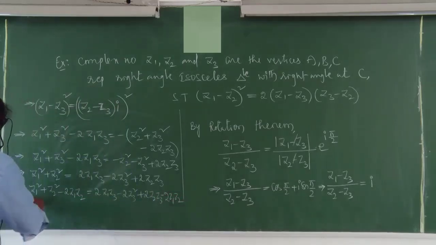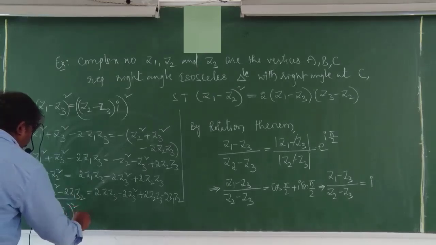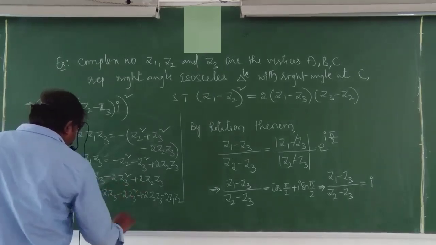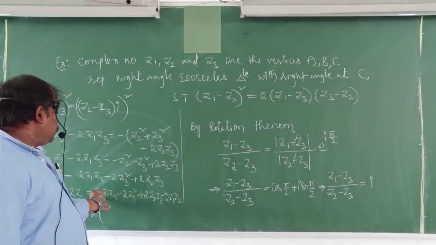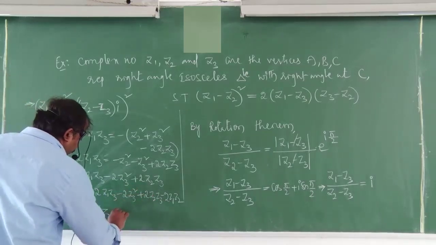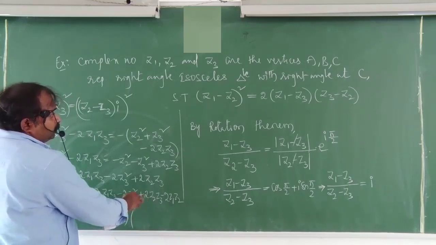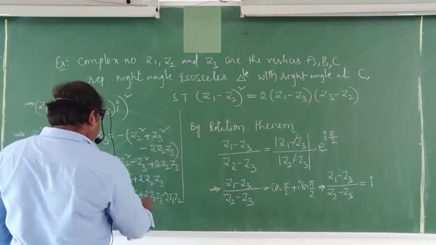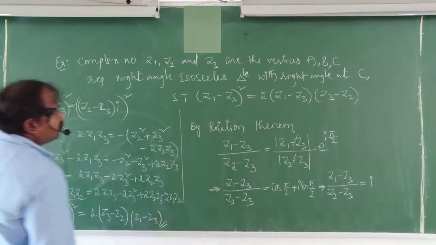Taking 2 common, and Z1 common, Z3 minus Z2 comes out; taking Z3 common, Z1 minus Z3 comes out. This is the result.